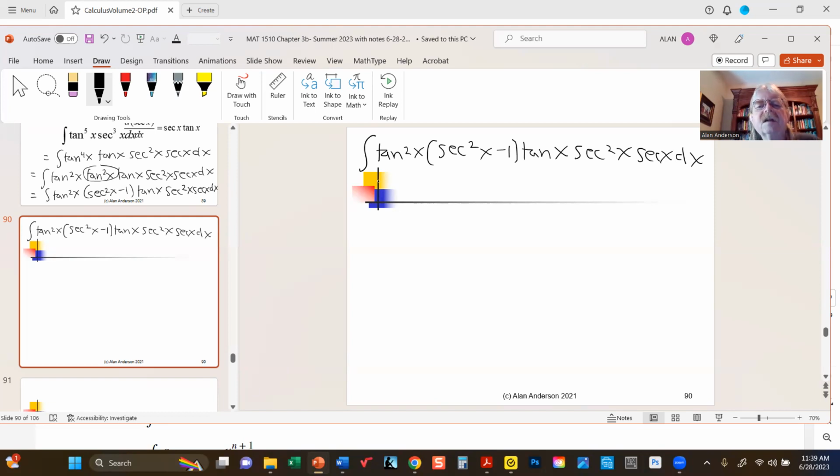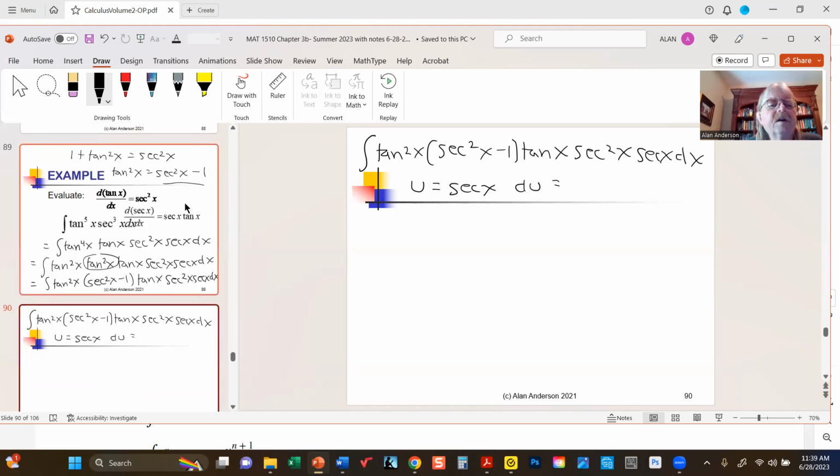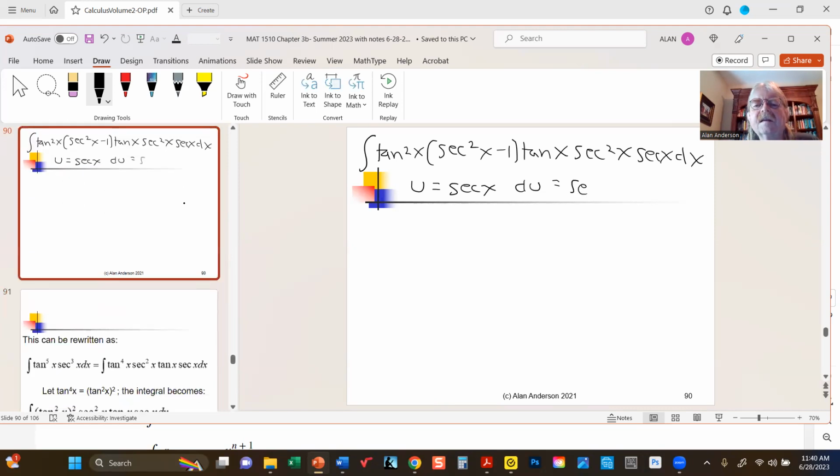So suppose that we decide to try u equals secant x. And so remember, the derivative of secant x is secant x tangent x. So let's rewrite it.